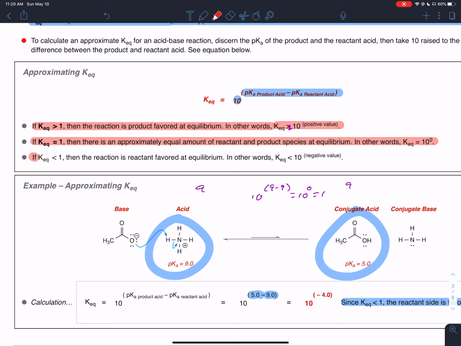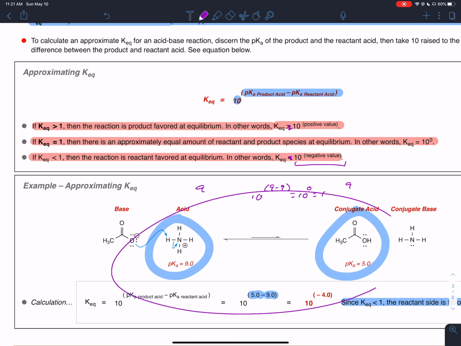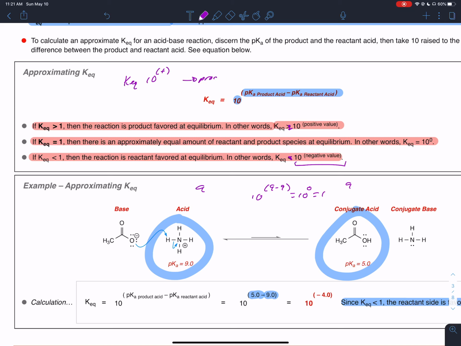However, if KEQ is less than 1, that means that we have KEQ being 10 to a negative value, a negative integer, which was the case here, and that would mean that the reaction is reactant favored. So we're going to say if KEQ is 10 to some positive integer, then we have a product favored acid-base reaction.